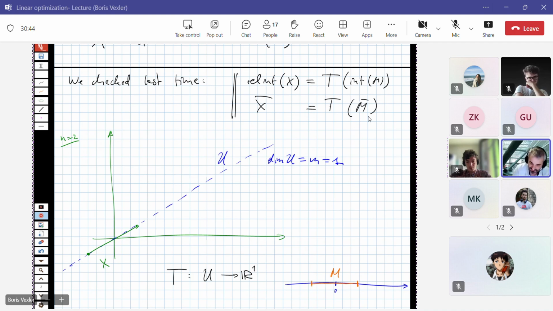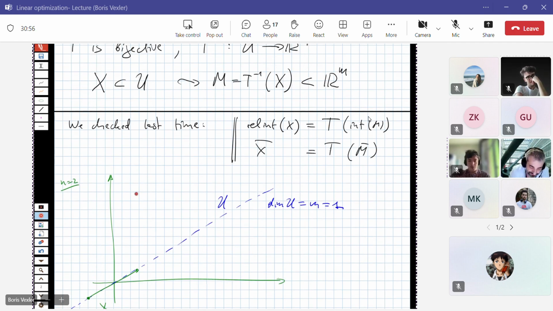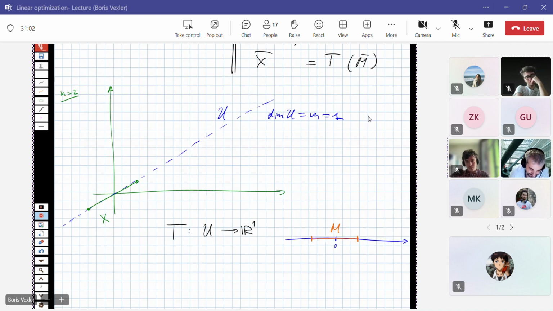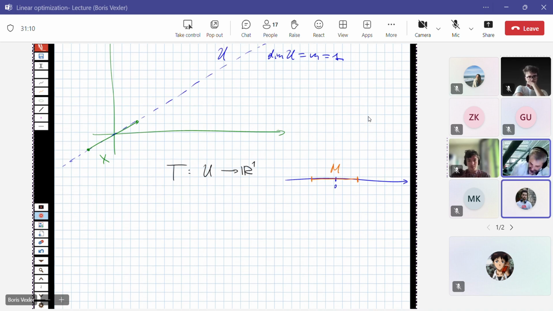And this correspondence is by this linear and invertible bijective mapping T. Okay. Is this clear? This construction? Okay. Questions you can ask.